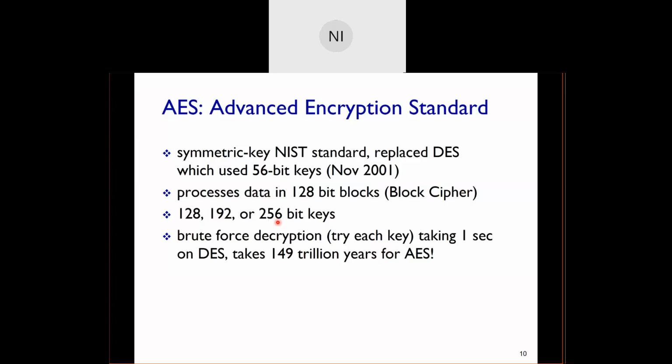Since it is brute force, you want to try all of the 2 to the power of 256 possible key combinations. If it takes DES 1 second to do that kind of decryption where the key length is 56 bits, then with a 256-bit key length using the AES standard, the brute force method in the worst case takes 149 trillion years for you to decrypt the message.